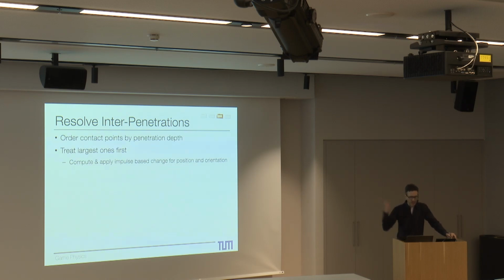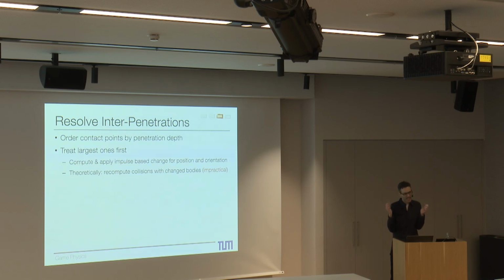And this is also what comes into play here for resolving these unphysical positions. Theoretically, if we would change any of the quantities of one object, either the position or the orientation, that changes the geometry of a scene.